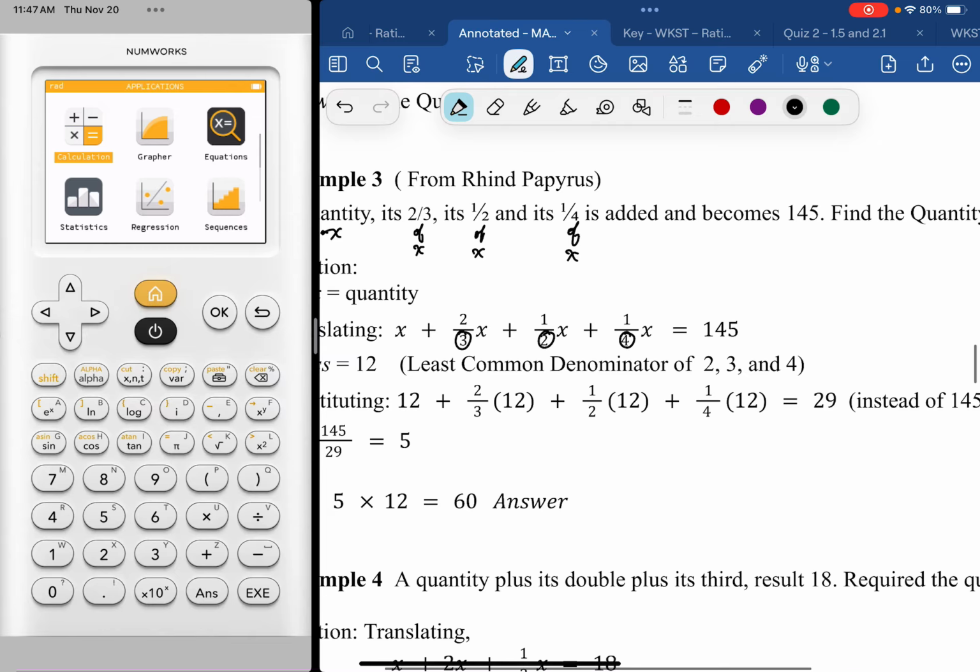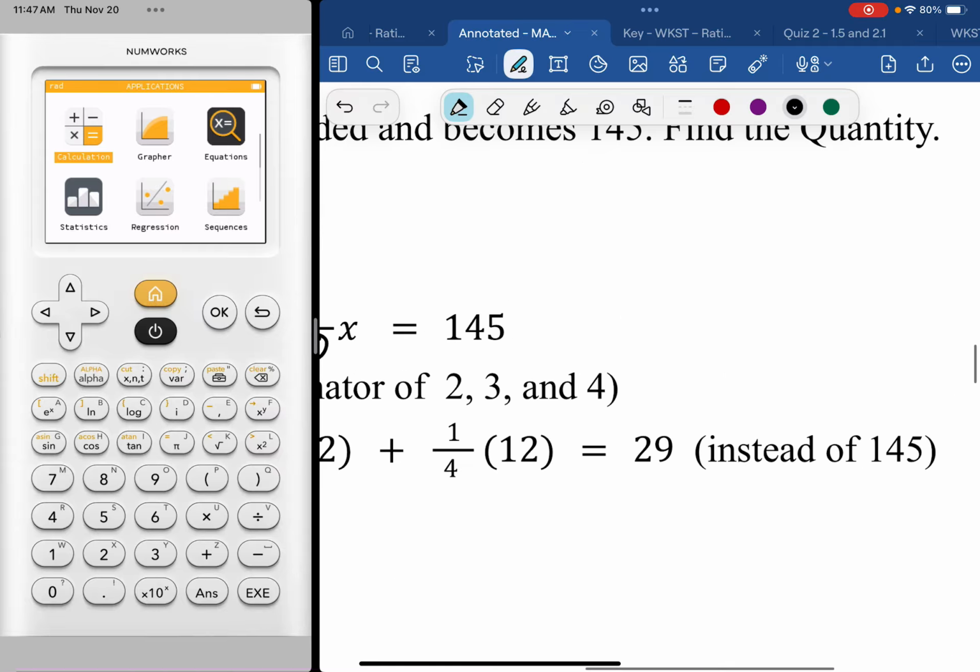Okay, so it's not terrible in this case, but my common denominator here, if I were to add these fractions, would be 12. So what I could then do is use 12 as my guess. So I'm actually going to use their guess here because the equation's already complicated enough.